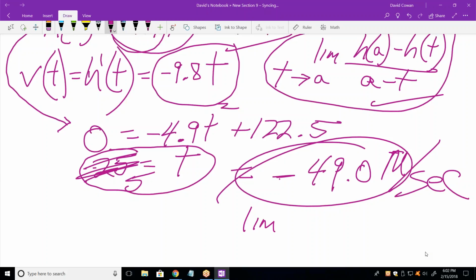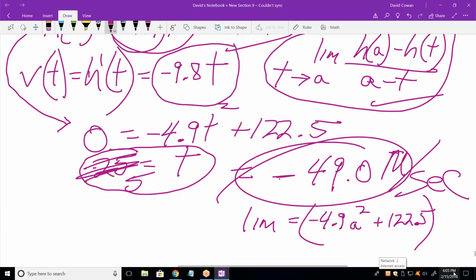If h of t was minus 4.9t squared plus 122.5, then h of a is minus 4.9a squared plus 122.5. We were given h of t, so h of a is merely substituting a for t.